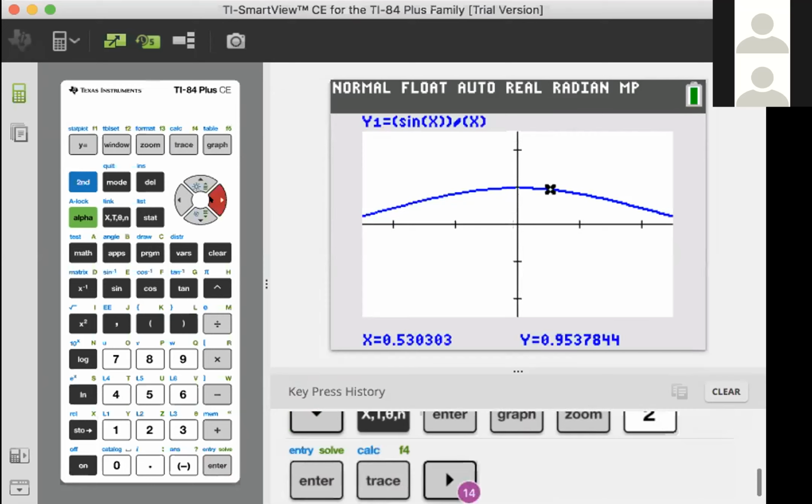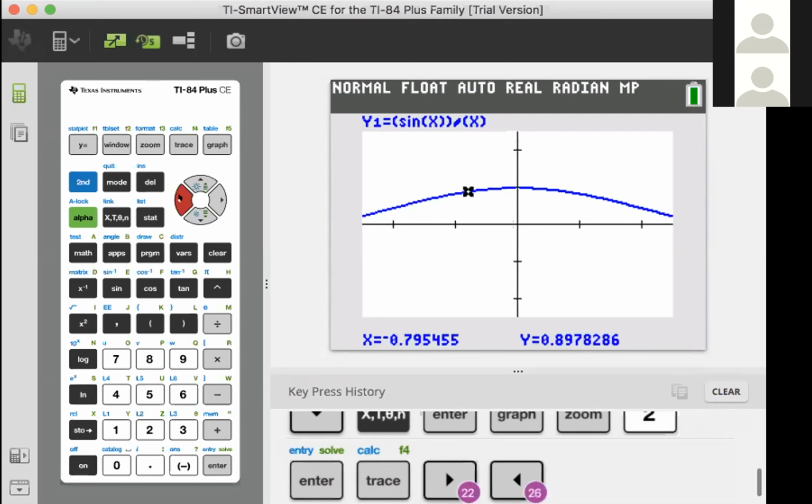So you can see the y value as we get closer to 0. As you get close to 0, we're at 0.9, 0.93, 0.95, 0.96, 0.97. Take a guess, what y value are we approaching? The y value should be 1. Now there's no y value there, and we'll talk about that in a moment.